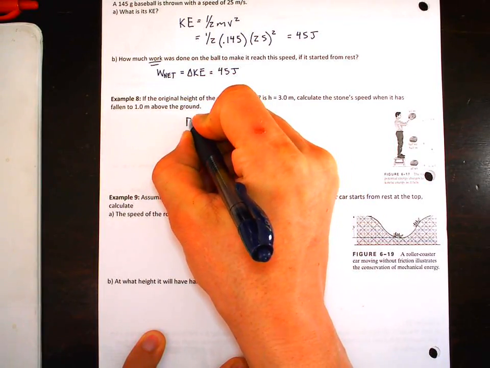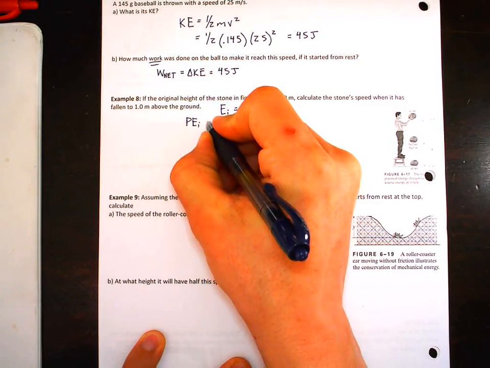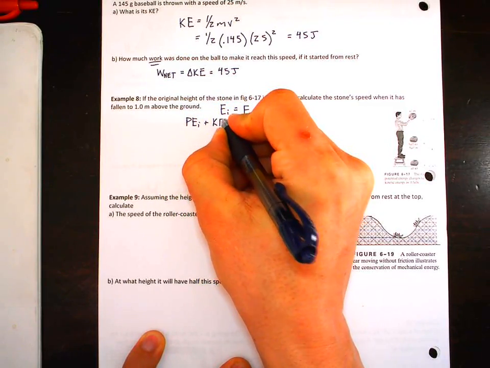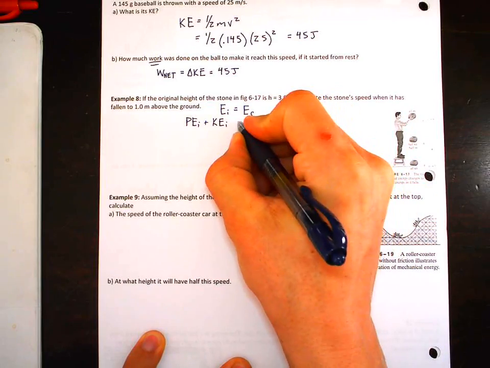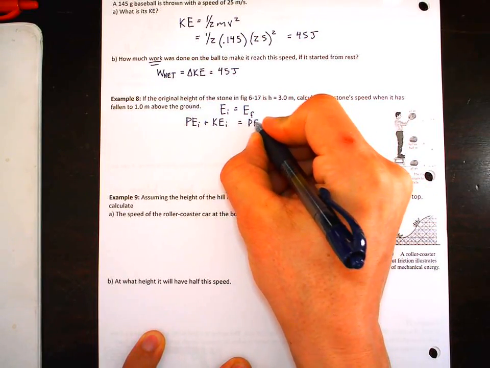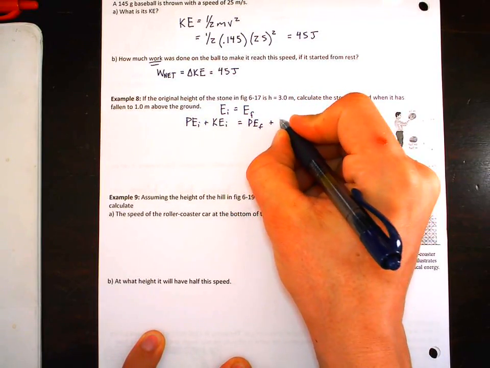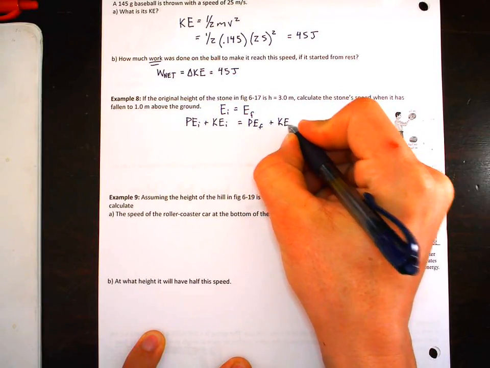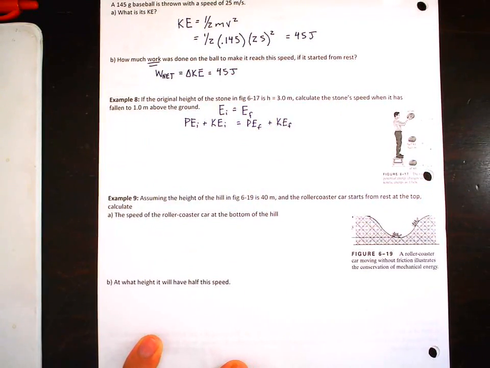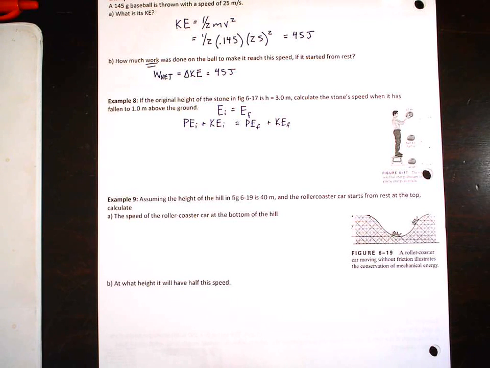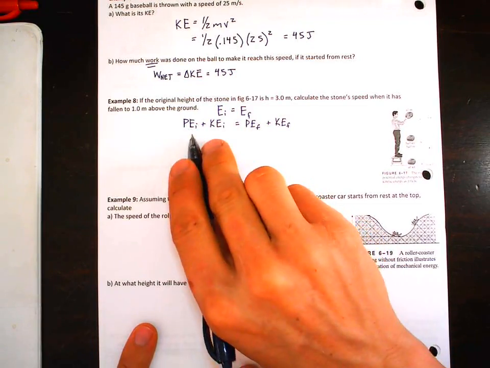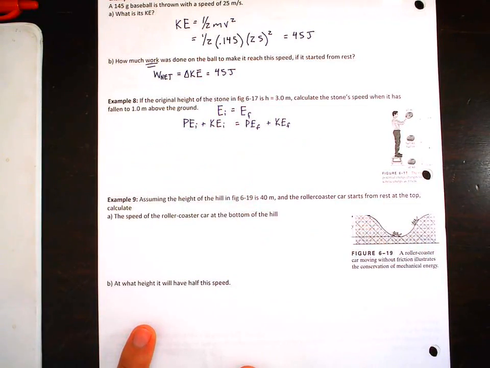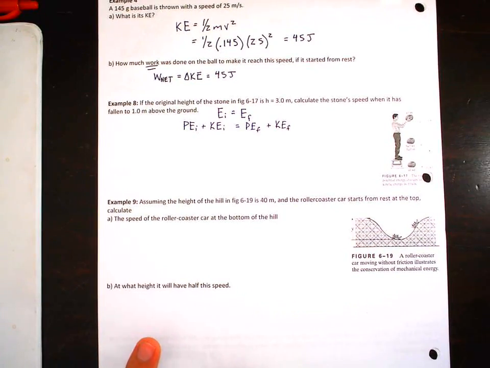We can say the potential energy initial plus the kinetic energy initial is equal to the potential energy final plus the kinetic energy final. Now there's a way to shortcut in this problem as well, and I'll show you that at the end, but sometimes it's a good idea for us to lay out the whole situation like this.